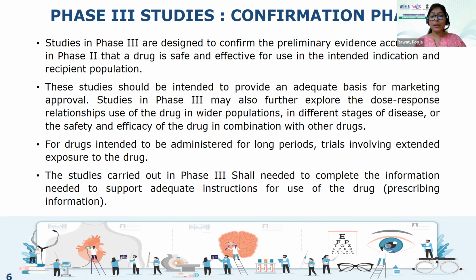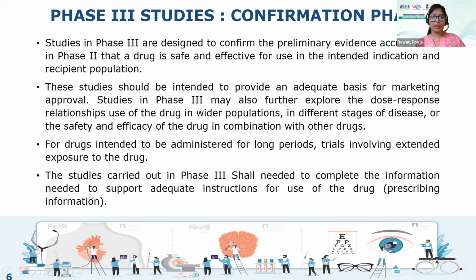Studies in phase 3 may also further explore the dose-response relationship, the use of the drug in a wider population, in different stages of the disease, or the safety and efficacy of the drug in combination with another drug, in case the patient is suffering from any comorbid condition.